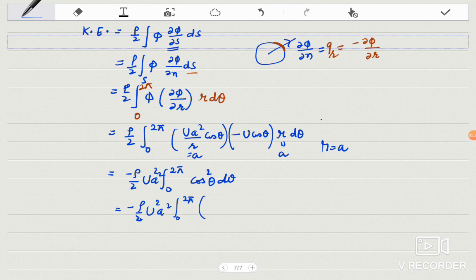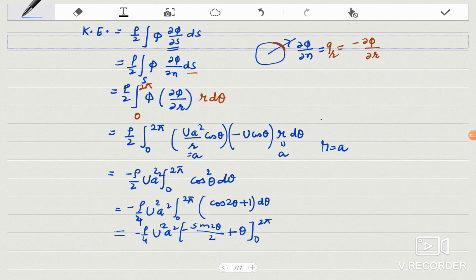You take 4, so it is 2 cos square theta, cos 2 theta plus 1, d theta, minus rho by 4 u square a square times sin 2 theta upon 2 plus theta, 0 to 2 pi.